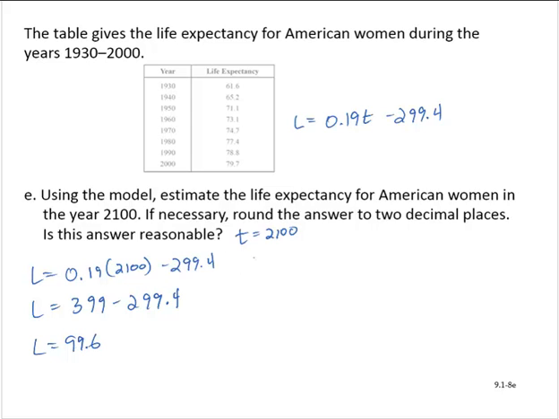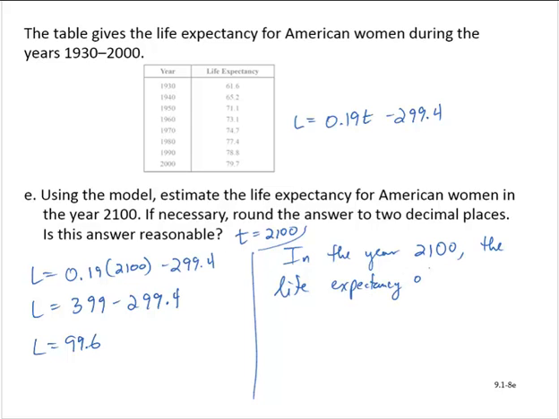So this is saying that in the year 2100, the life expectancy of American women will be about 100 years.